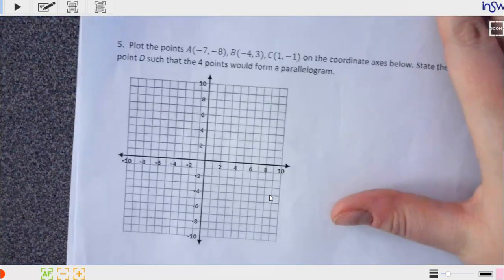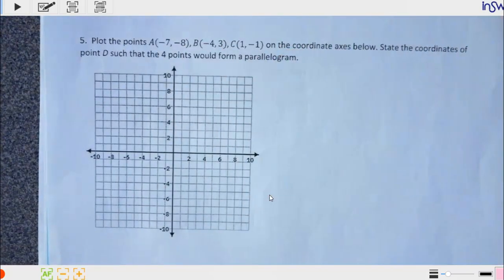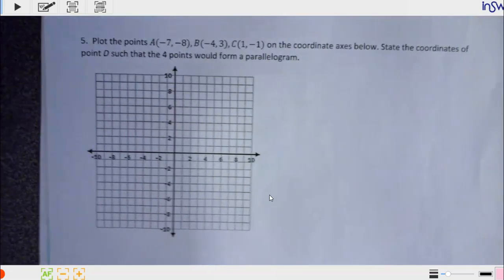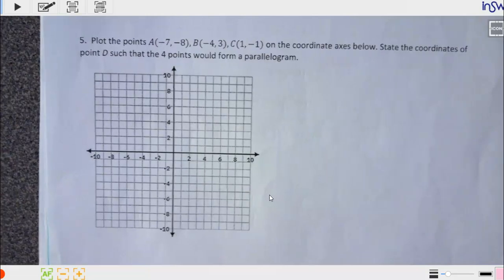And then this one down here, number 5, plot the points. There's these 3 points. And then you are going to determine on the coordinate axis below, state the coordinates that would form a parallelogram. Okay, so you're going to plot these 3 points, and you're going to determine where that 4th one can go in order to create a parallelogram.